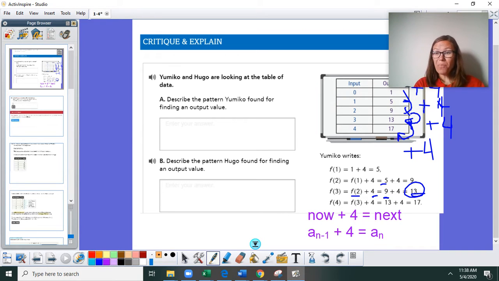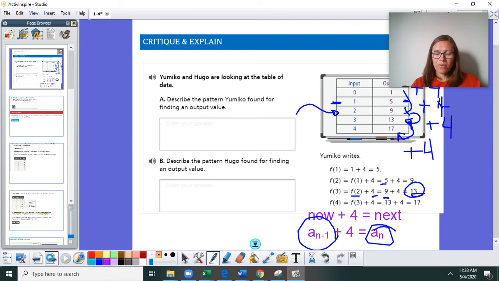If we were to jump in anywhere, because that's part of being able to use this recursion is to say, okay, well, what if I started at number 68? And so being able to go back and forth between a recursive formula and an explicit formula, that's kind of the goals of this. So if I started at 2 and I went, n was 2, that would be my next, and the previous one would be 2 minus 1, and so we would be at an input of 1.